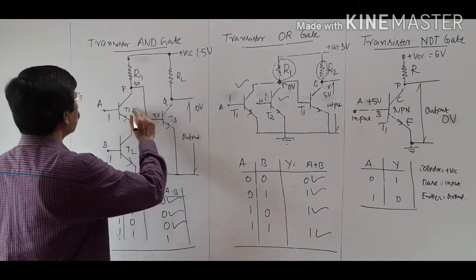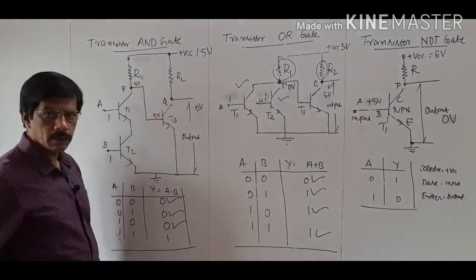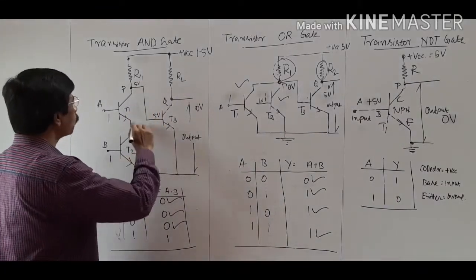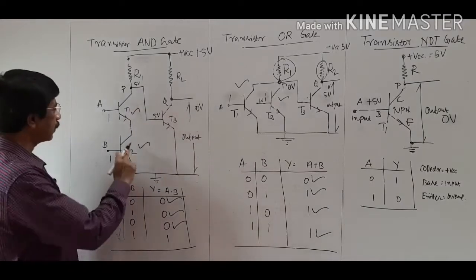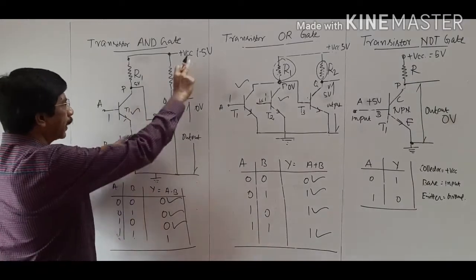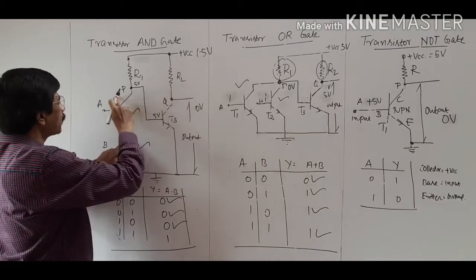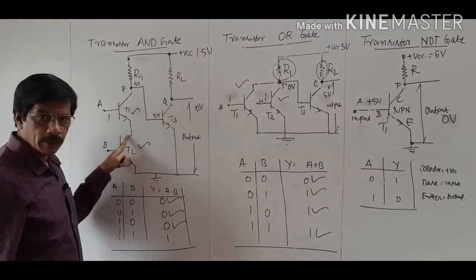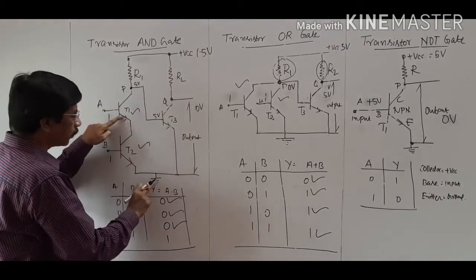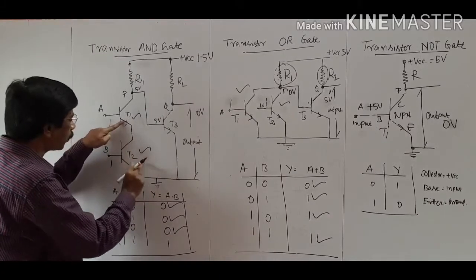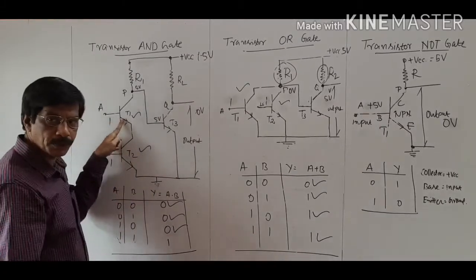Transistor T1 is switched on, transistor T2 also switched on. Because the collector is connected to plus VCC through the switched on transistor T1, the emitter is connected to ground because the lower transistor T2 is in the switched on position.